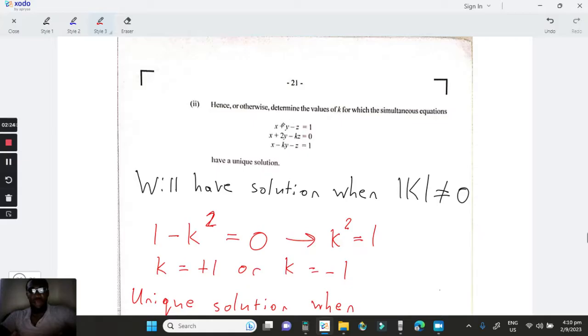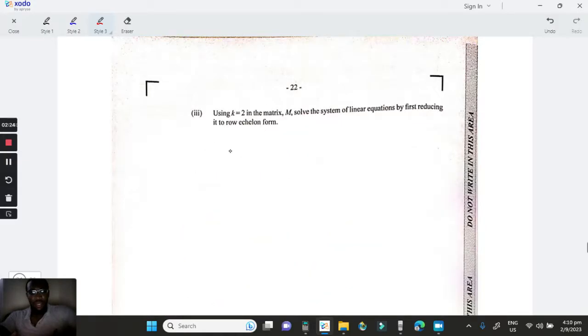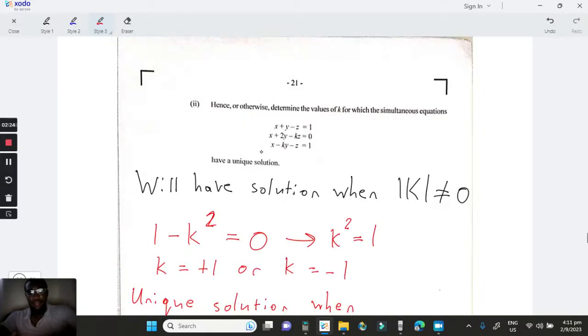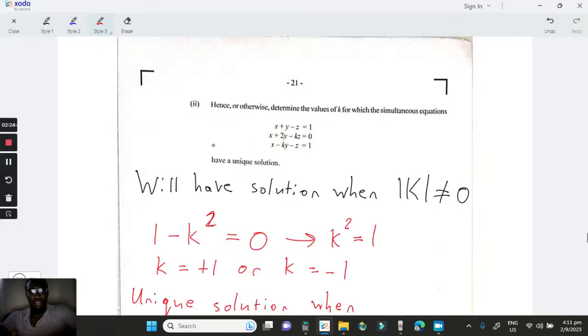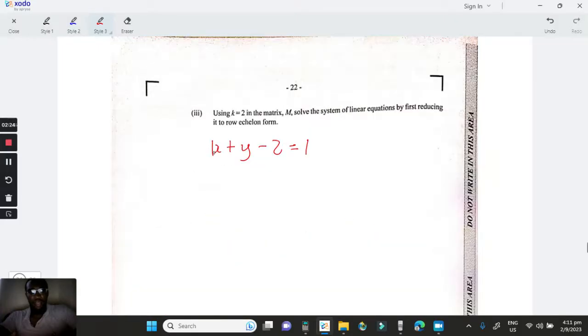So when k is 2, the system becomes x plus y minus z equal 1. By the way, this was 1x.